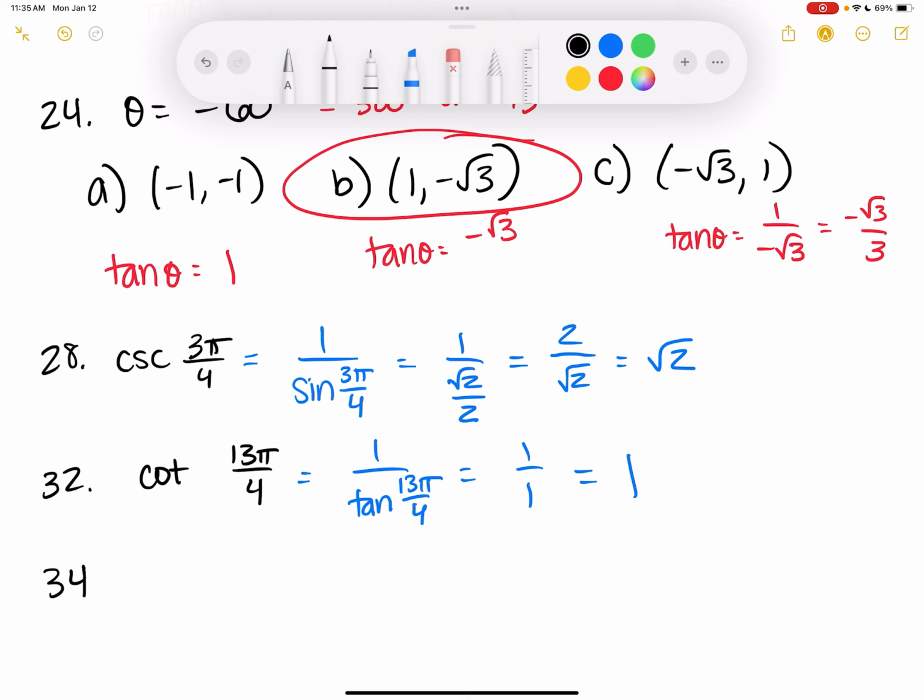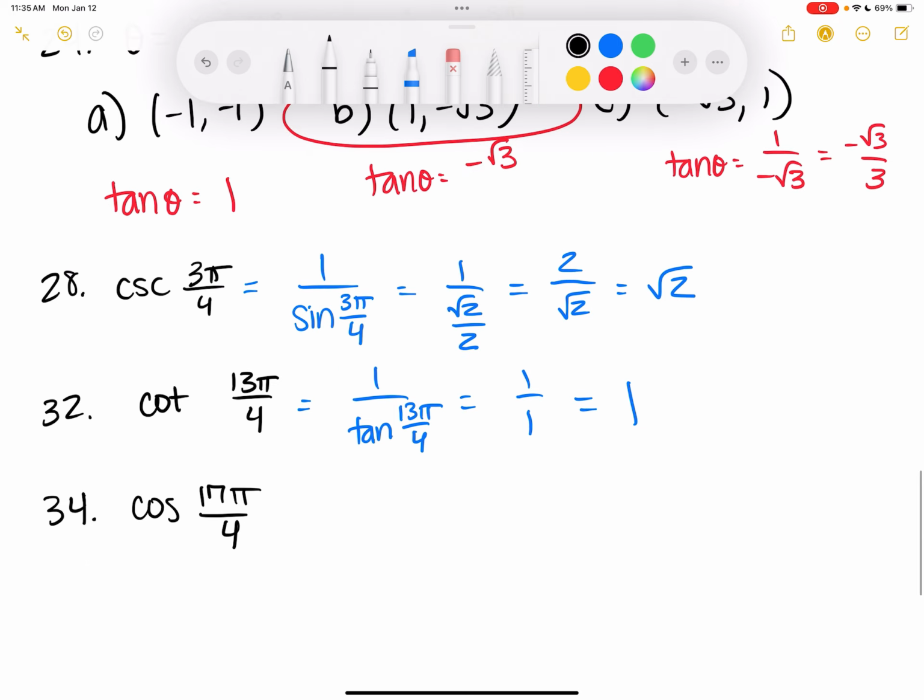34. Cosine of 17 pi over 4. So with this one, since we just counted with increments of pi over 4, let's do coterminal angles to find this one instead, because cosine is directly on there, so I don't have to do any other conversion. So I'm going to subtract 2 pi, which would be 8 pi over 4.